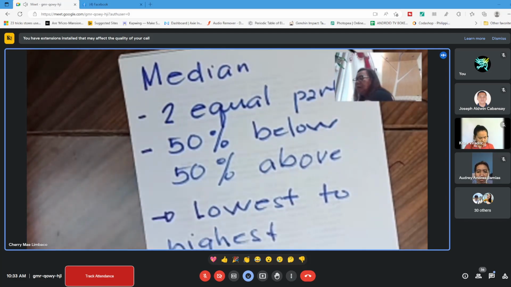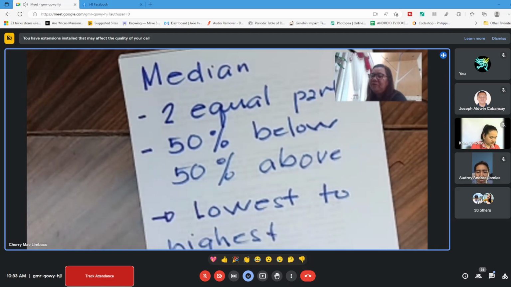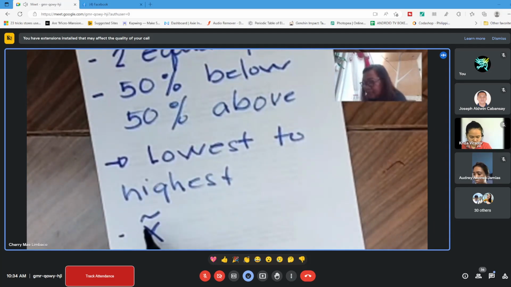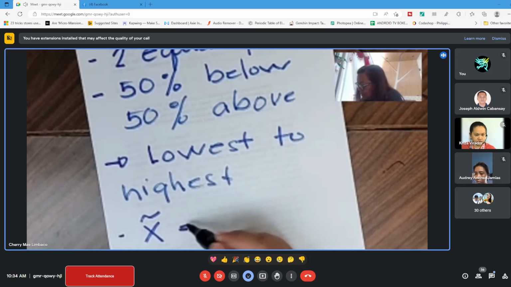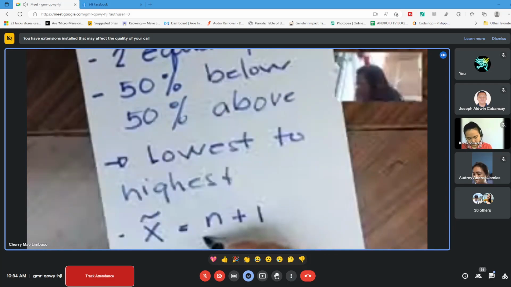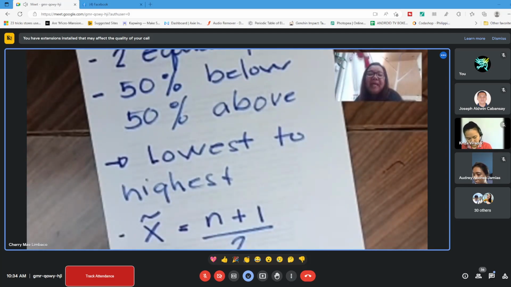So what is the formula for this? The formula for the median score is the position equal to N plus 1 over 2.